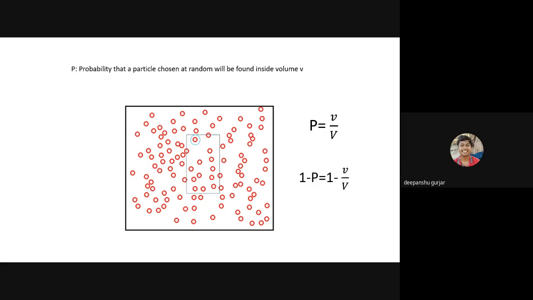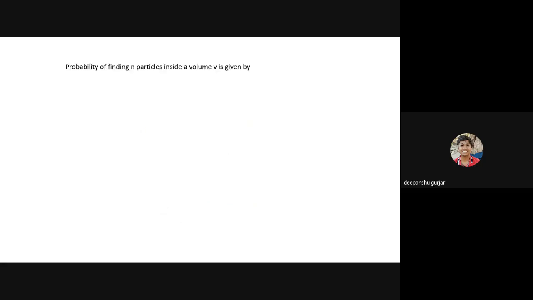Now, the probability that n particles chosen at random will be inside this box is given by the binomial distribution. If you do a little bit of mathematics, when the number of particles tends to infinity, the binomial distribution tends to a Poisson distribution.